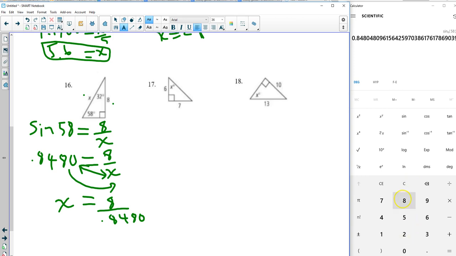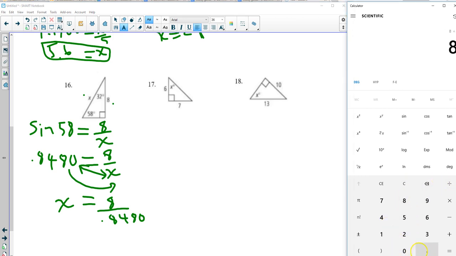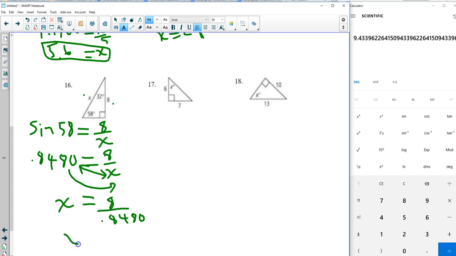So I'll do 8 divided by 0.8480 equals, so x is going to be equal to 9.4, because we're supposed to use the nearest tenth, 9.4.